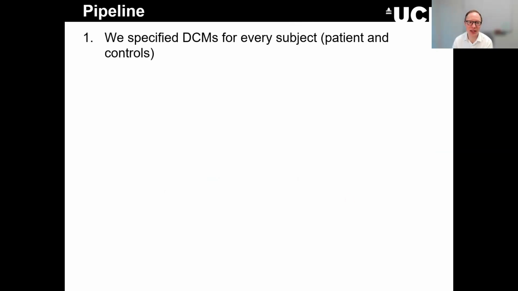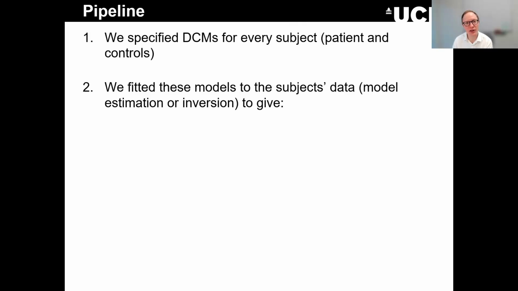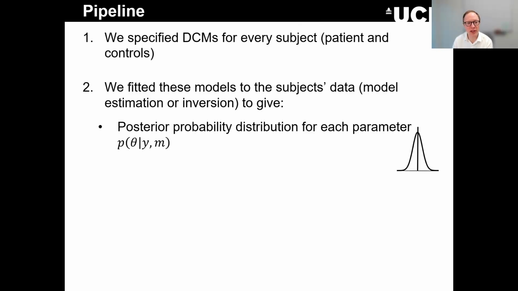The pipeline we followed is that we specified DCMs, these models, for every subject, both the one patient and each control. We fitted the models to the subject's data. That fitting is called model estimation or model inversion, and gives two outputs: a posterior probability distribution for each parameter. In other words, we get a normal distribution, or a bell curve, over the parameters.